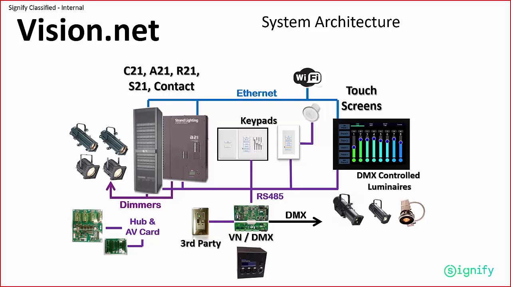One thing that we have just recently released is what we're calling VisionNet on the go, which will allow you to wirelessly connect into your VisionNet system through a web browser, which means you can pretty much use any device, any platform with any operating system to get a touchscreen control of your VisionNet system.